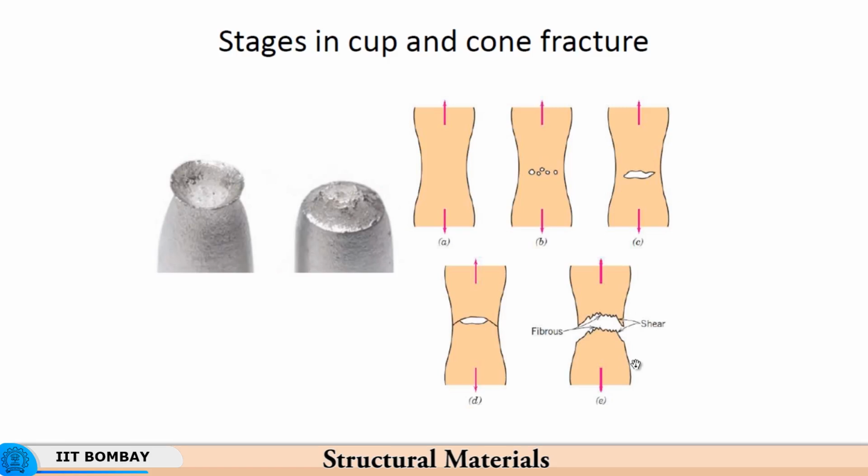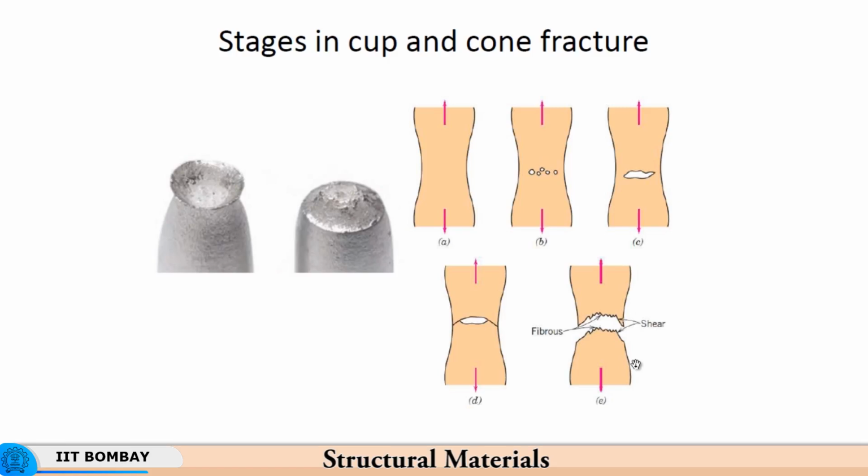The voids get nucleated in the central portion, because that is the portion that is strained the most, and then you have depletion of load carrying area. Again therefore the concentration of strain becomes more pronounced, because now this is the mechanically weakest area due to the depletion in cross section.